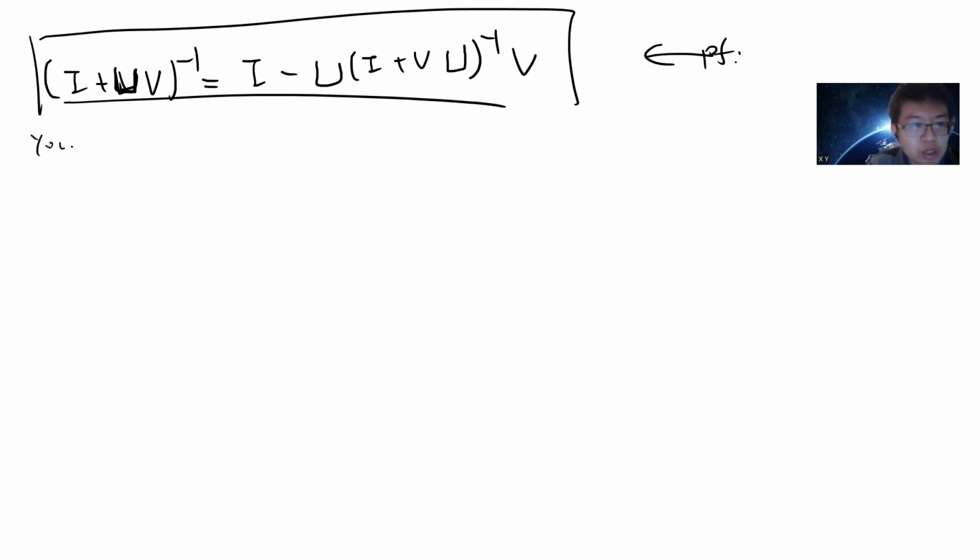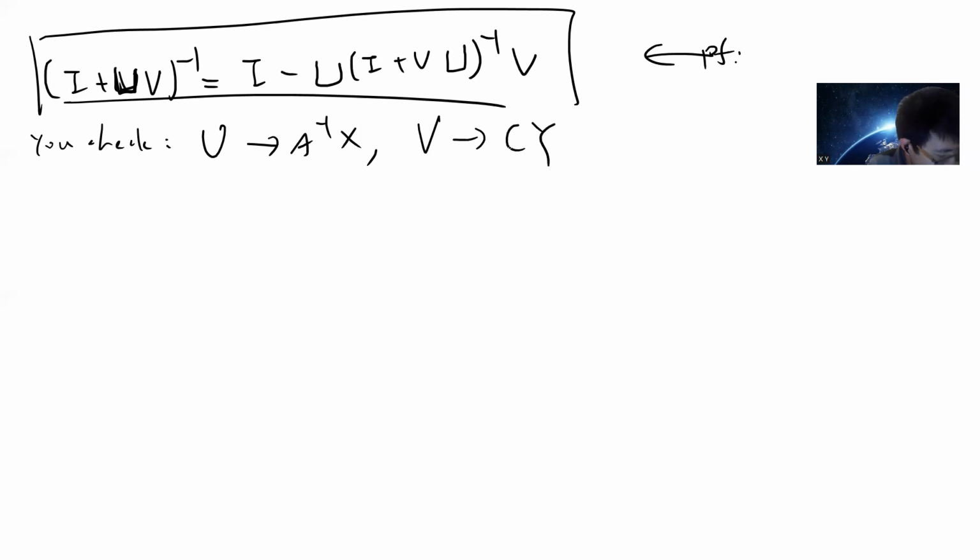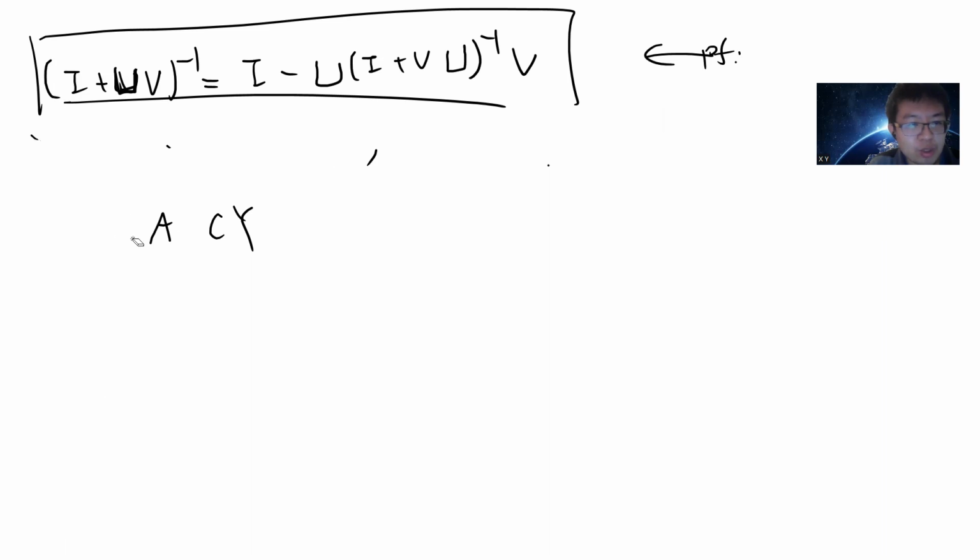You can check, if I replace U with A inverse X, and then replace V with CY, then I would get I plus A inverse C. Sorry, forget about this. Let's just prove this simple one, and then once we prove it, we can see how to derive the original one.